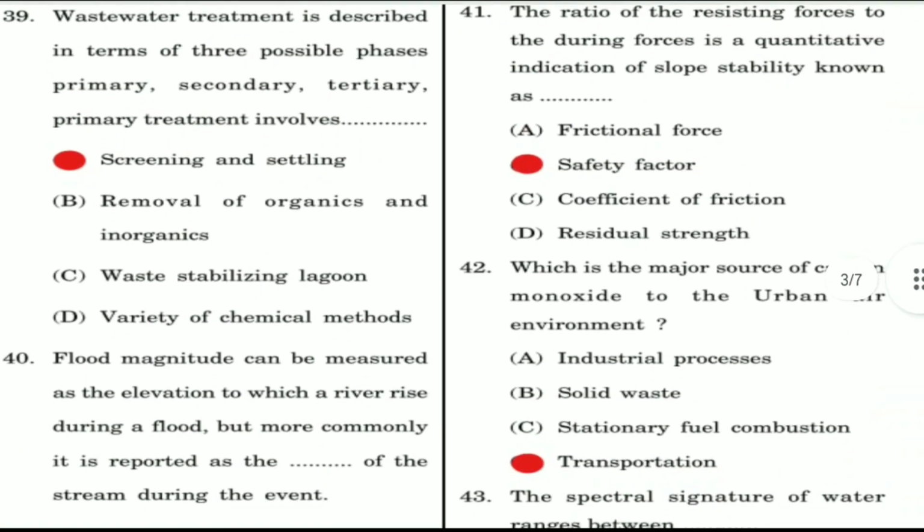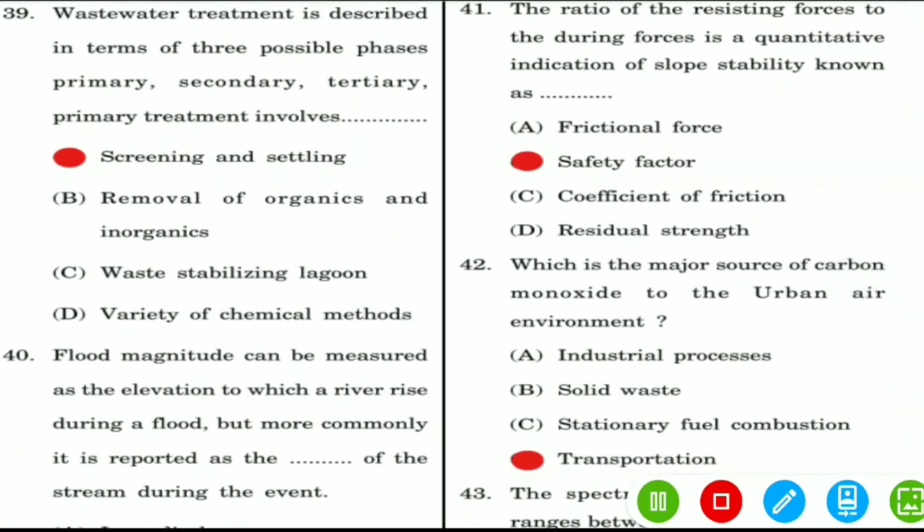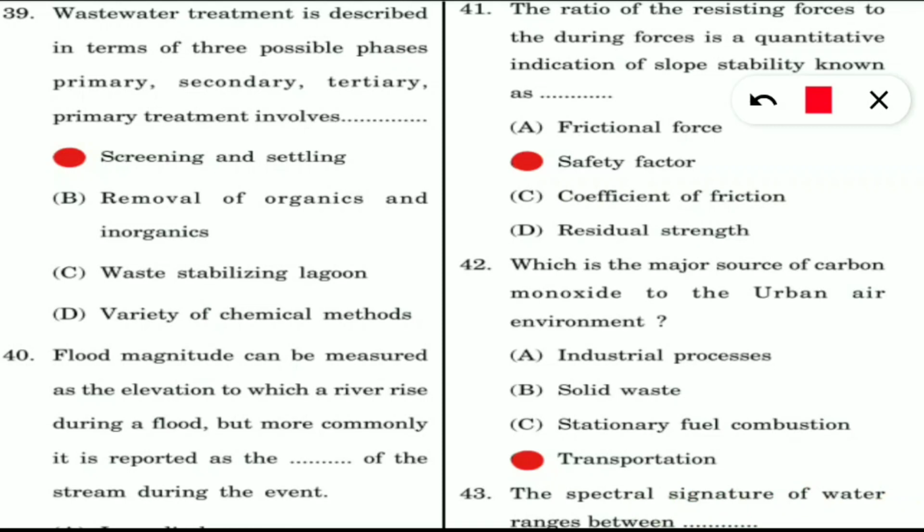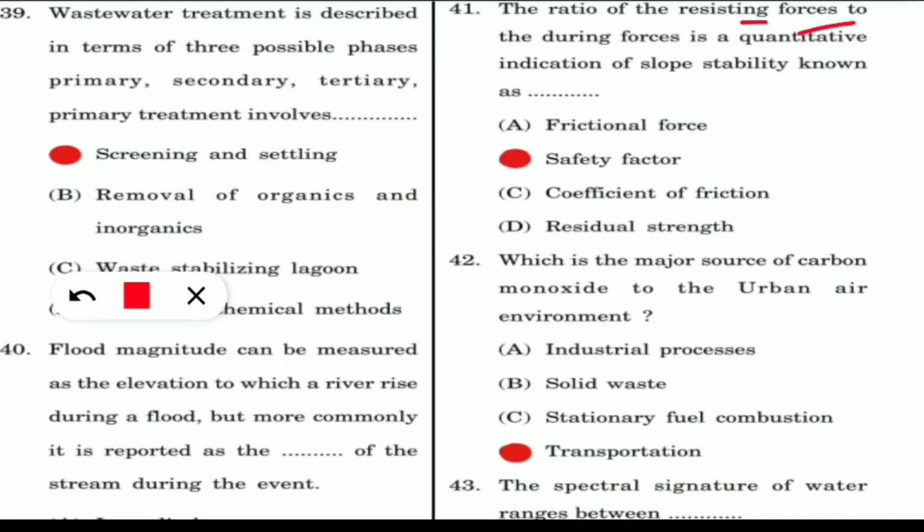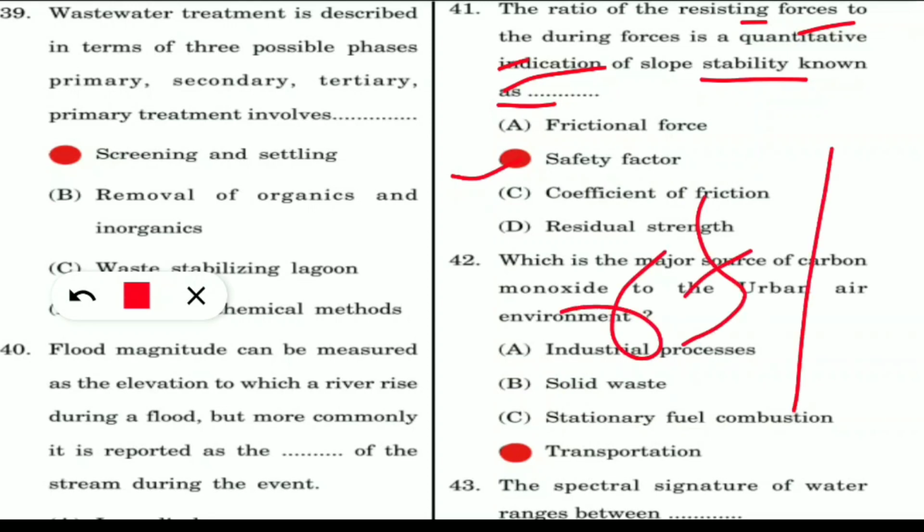Coming to the next question, number 41. Question number 41 is, the ratio of the resisting forces to the driving forces is a quantitative indication of stability known as what? This is related to the safety factor. The safety factor is the ratio of the resisting force to the driving force.